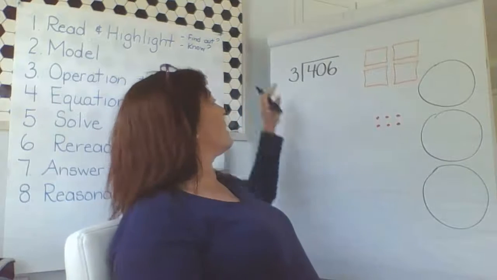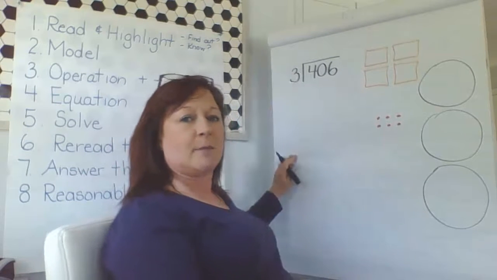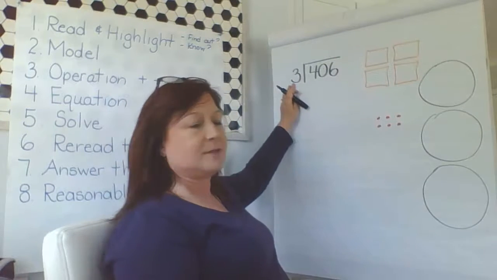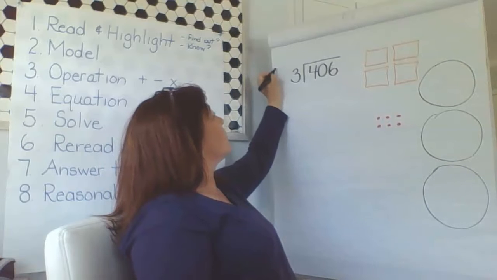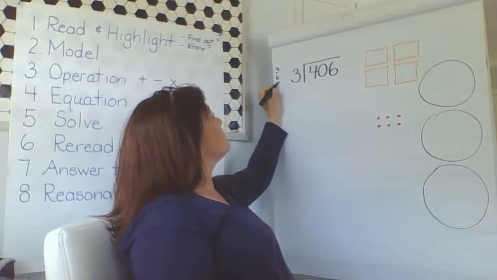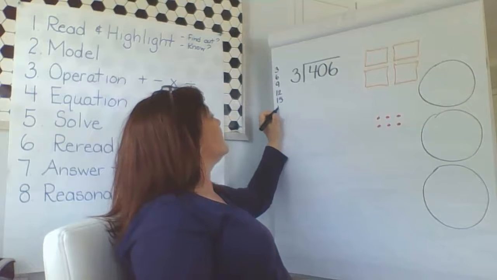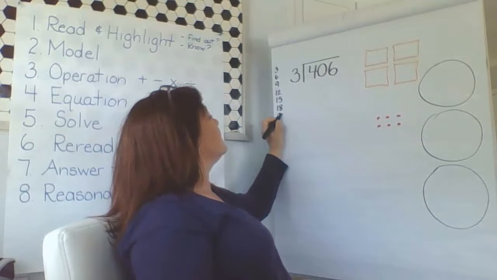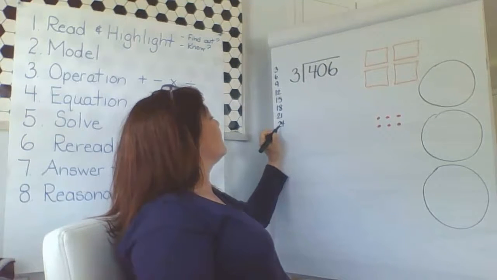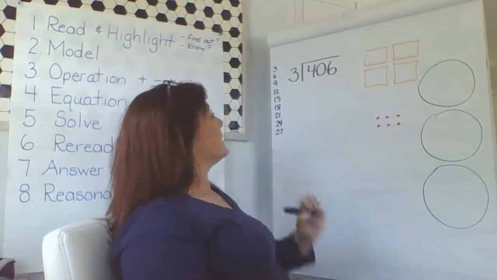And we're going to write our multiples of 3 to help us with our equation. So 3, 6, 9, 12, 15, 18, 21, 24, and 27.